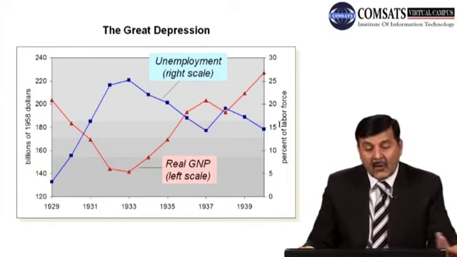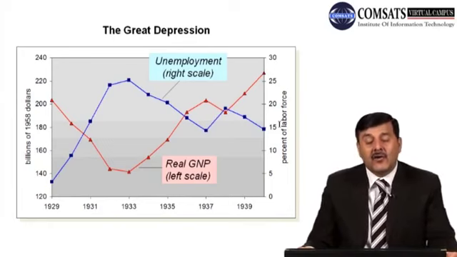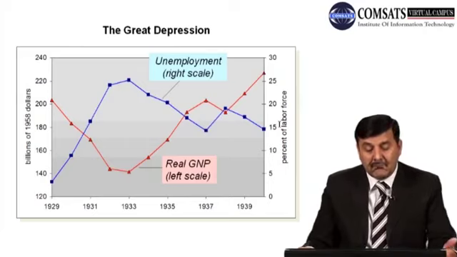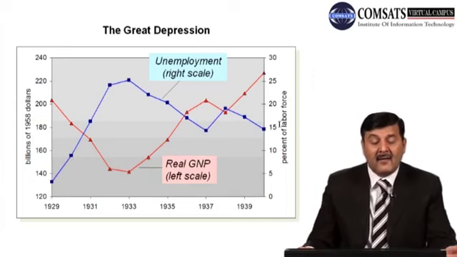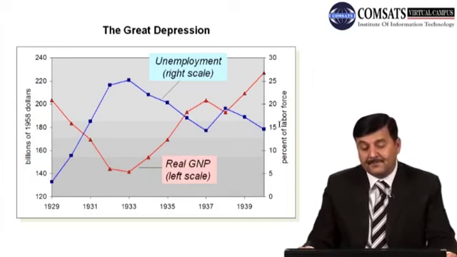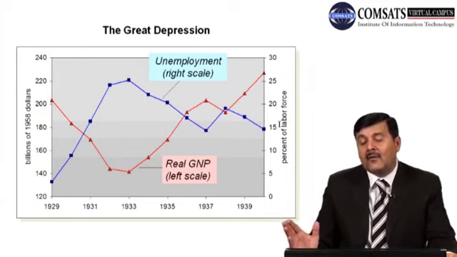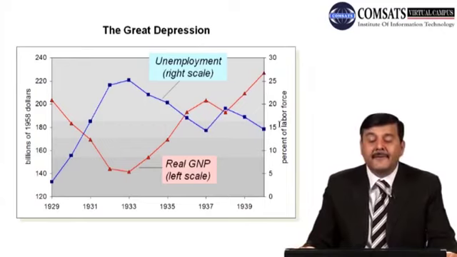And if you look at the graph of real GDP or real GNP, it came down from 200 billion US dollars to, you see, in 1933 it came to maybe 130, right? Then goes up, then comes down, and then goes up after 1938.